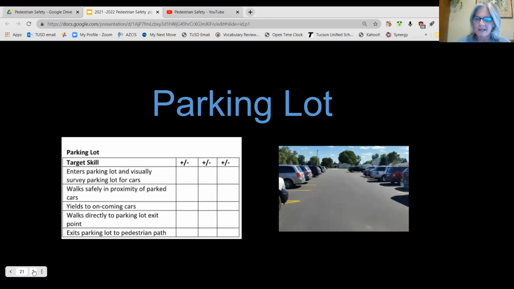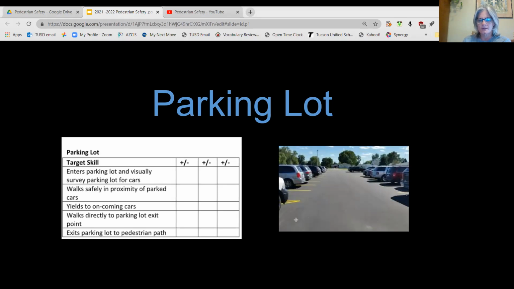Parking lots can be dangerous, guys. Gotta pay attention. So you're supposed to enter the parking lot and then you look, make sure nobody's coming again. You don't want to walk directly behind the cars. You've got to give yourself enough space.